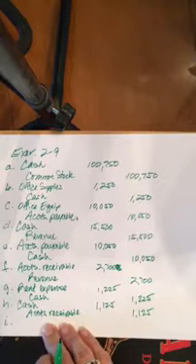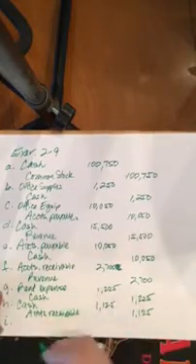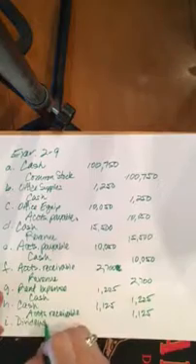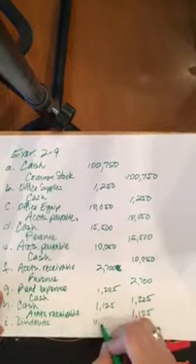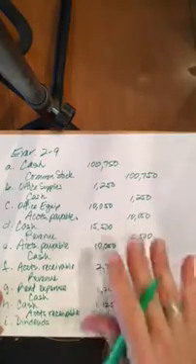Okay, the company paid $10,000 cash in dividends to the owner, who is the sole shareholder. Okay, if you'll remember, dividends has a debit balance. It is a contra equity account. It is against equity.